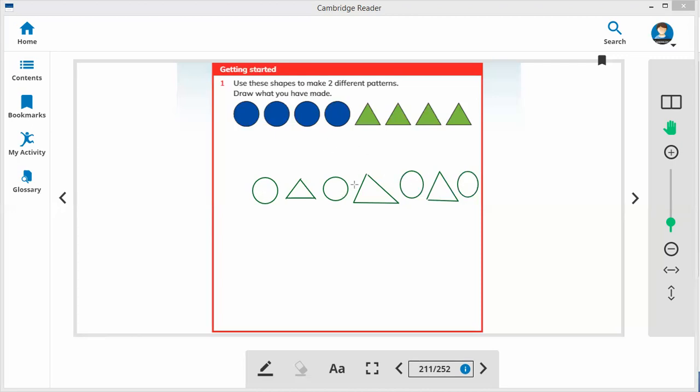And how many triangles? 3 triangles. 1 triangle is left. So you can draw that triangle here also to complete the pattern. Or you can draw it here because we started with the circles. So we will end on a triangle like this. Okay, what about the next shape? For the next shape we are going to use two triangles.